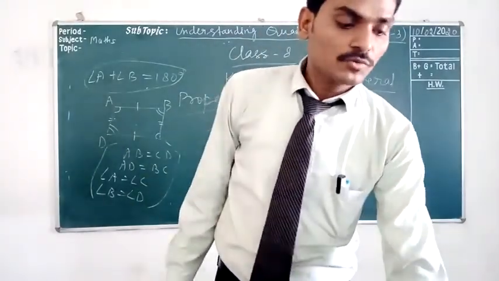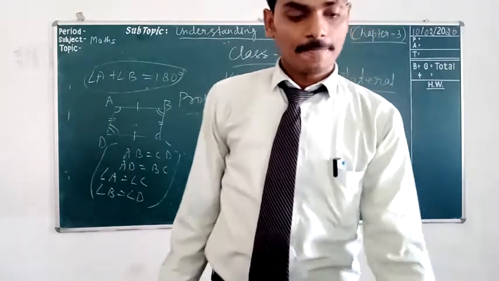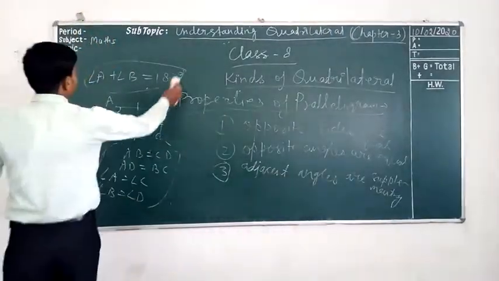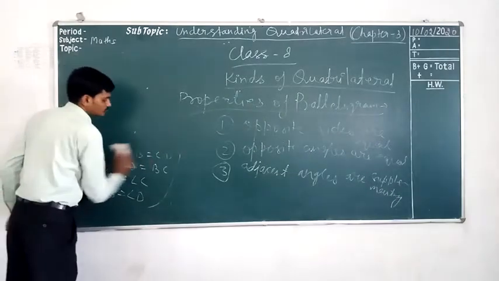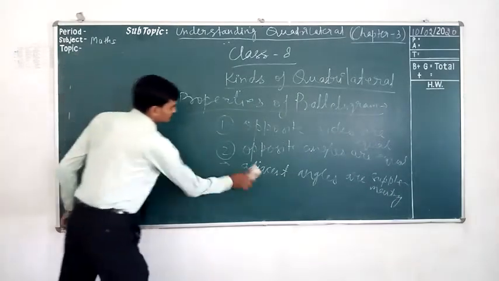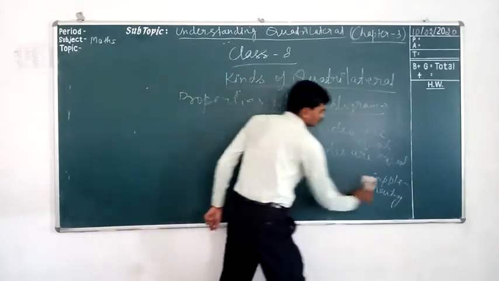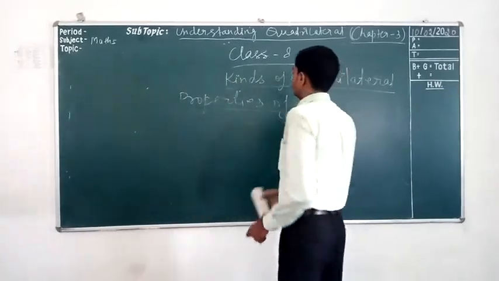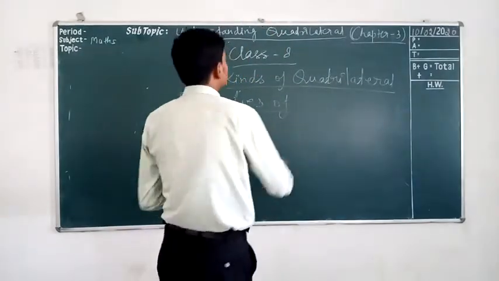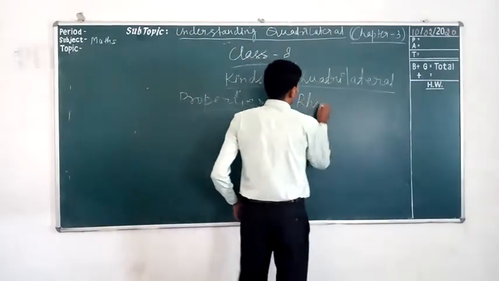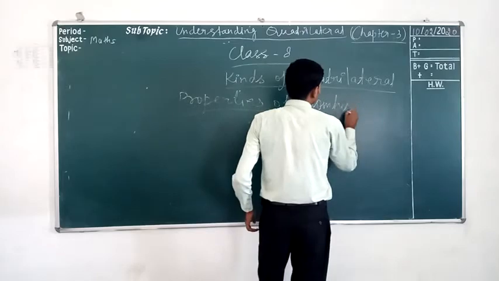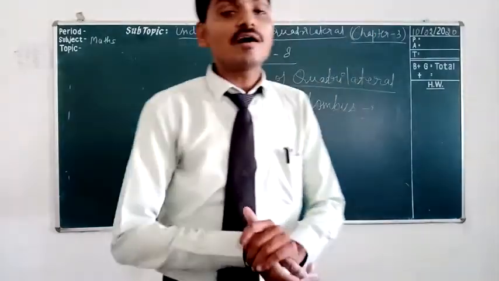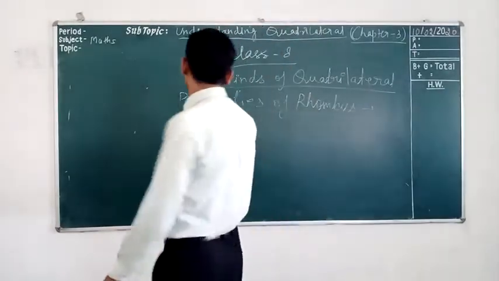Now come to the properties of rhombus. The diagonals of rhombus are perpendicular bisectors of each other.